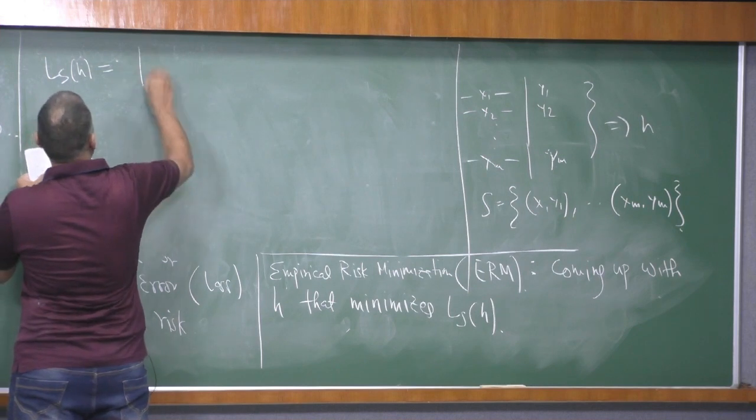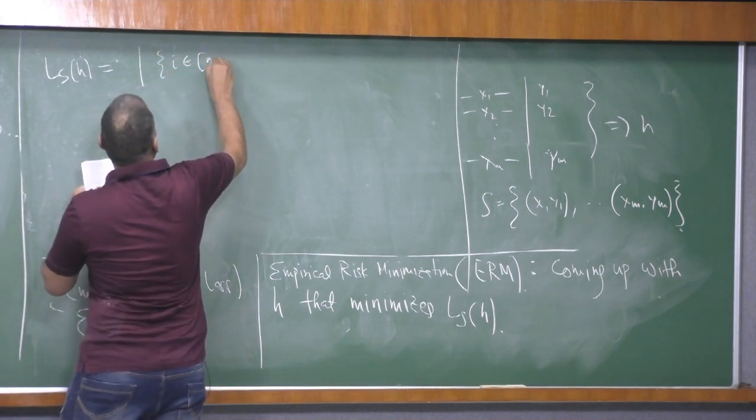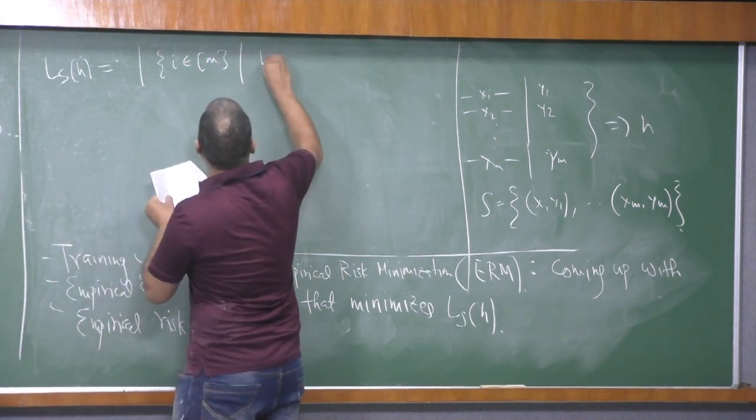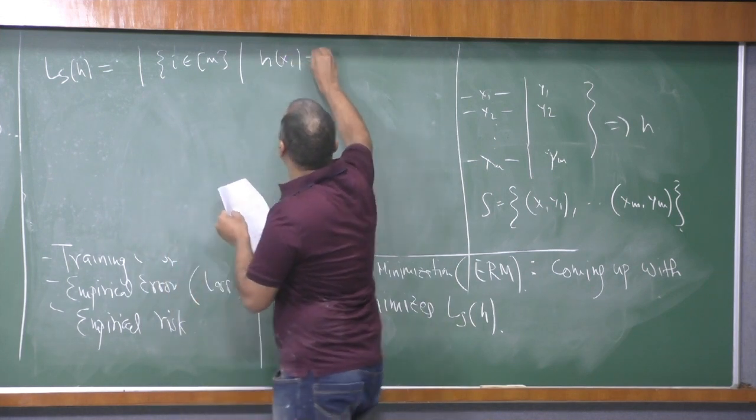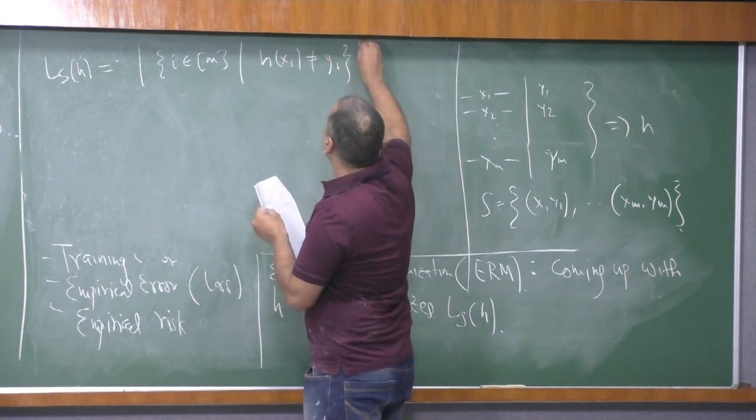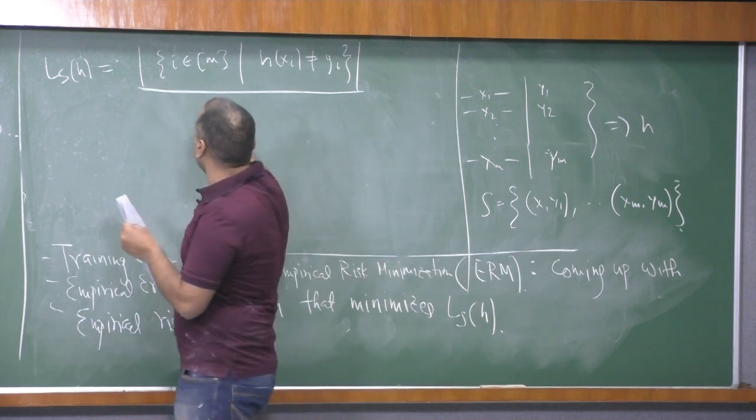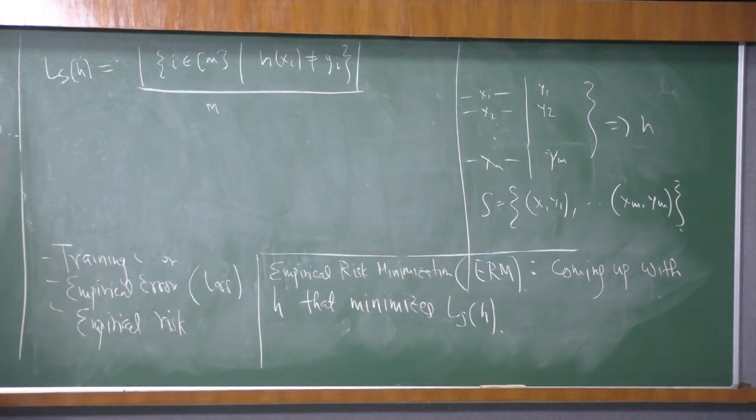So what was the training error, right? The set of all i in m for which h(xi) is not equal to yi, and the number of those cases divided by m. But the way h was defined, there will be no cases where h(xi) is not going to be equal to yi.